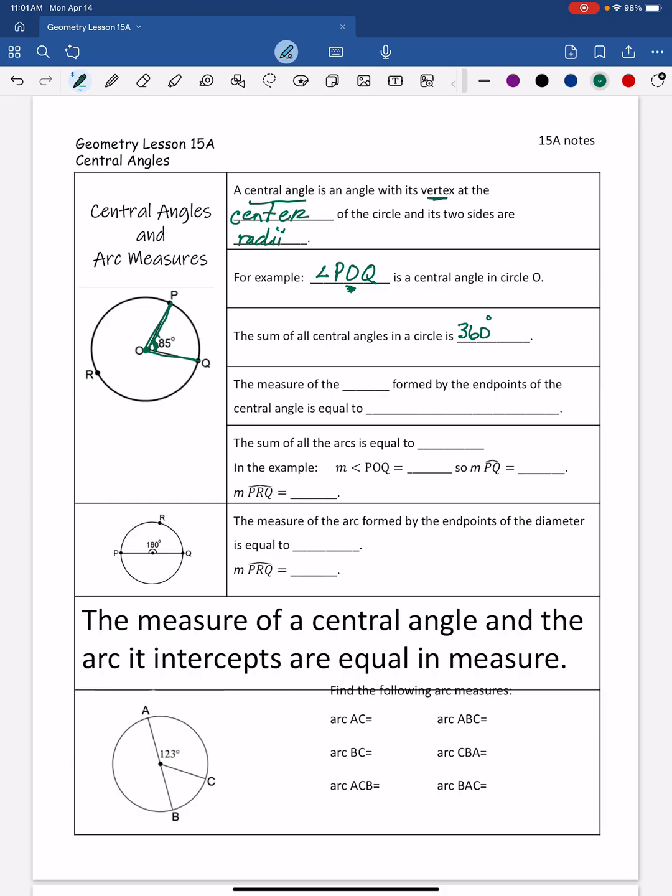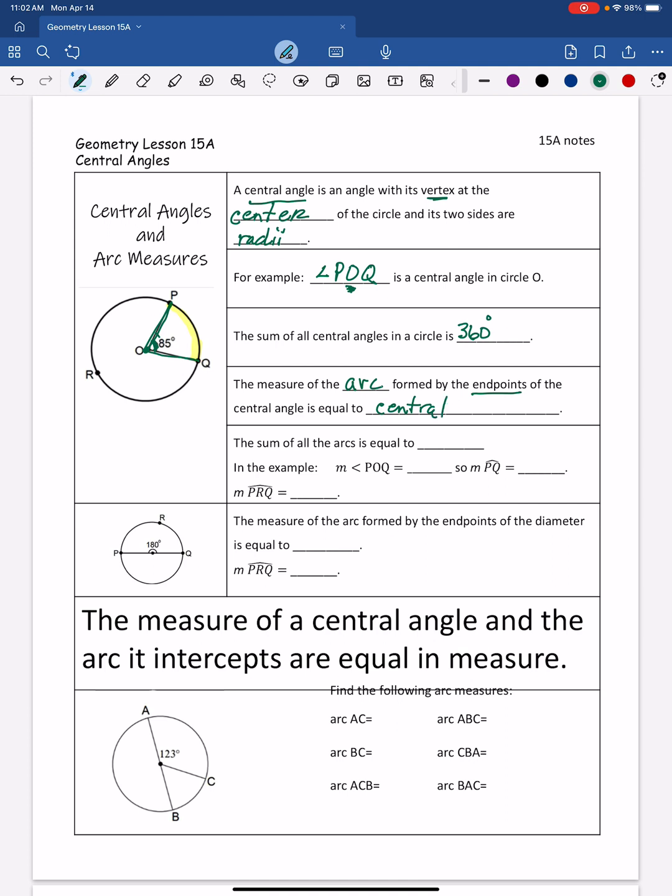Now, with central angles, we also have what's known as an arc. If I show you a highlight of this arc, in this case, it's going to be from P to Q. An arc is just a part of a circle, going around here. So the measure of the arc formed by the endpoints of the central angle is equal to the central angle.